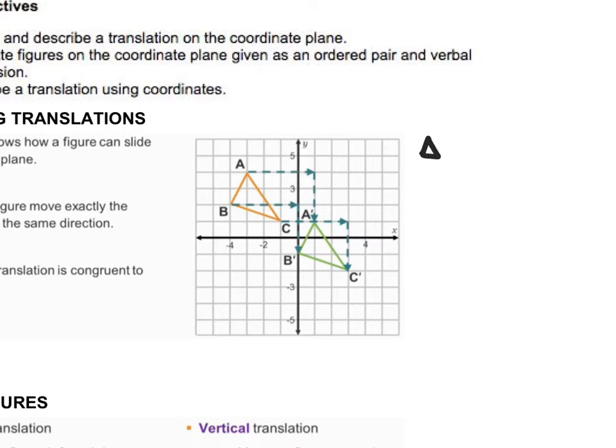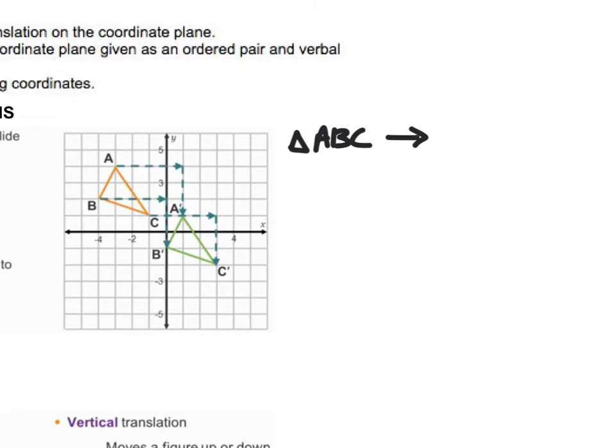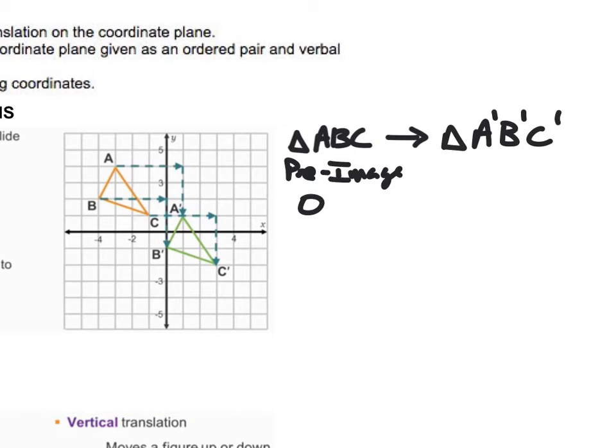Let's write down: triangle ABC is translated, and I use a single arrow to denote that, to triangle A prime, B prime, and C prime, okay? This is my pre-image, also known as my OG, and this is my image, okay?